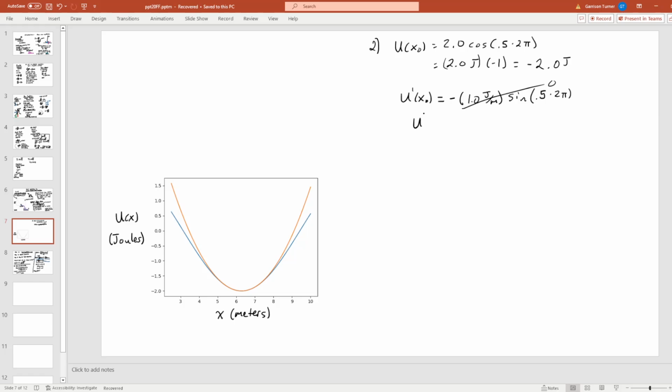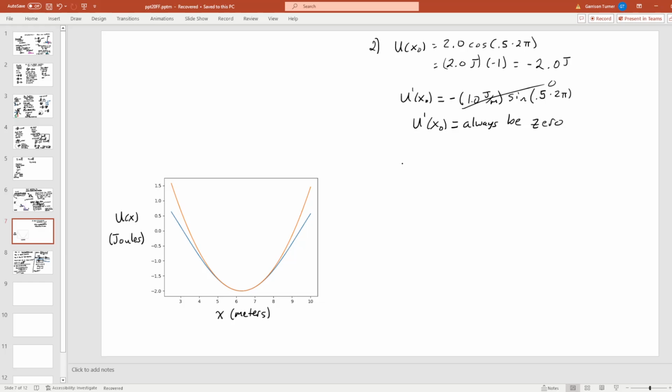So u prime evaluated at your equilibrium position will always be 0. That won't necessarily always be true when you're doing generic Taylor series, but when you're doing equilibrium position analysis, that will always be true. Okay?